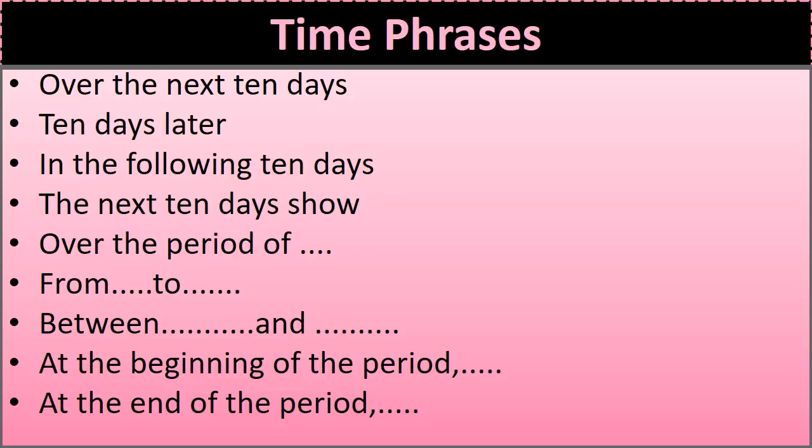For example, over the next 10 days, over the next 10 years, or over the next century, or 10 days later, in the following 10 days, the next 10 days show, or over the period of dash, or from dash to dash, or between dash and dash, at the beginning of the period, at the end of the period. So make use of these time phrases.